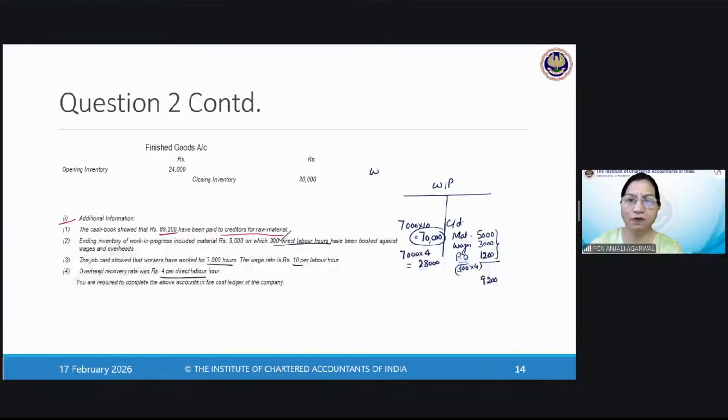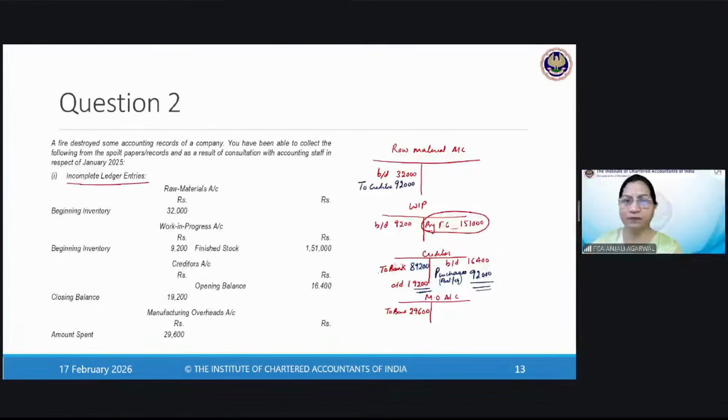So this can become your working note carefully, not in the form of account, but in the form of statements. So WIP will be debited with 70,000 of wages, 28,000 of production overheads, and 9,200 of closing WIP.